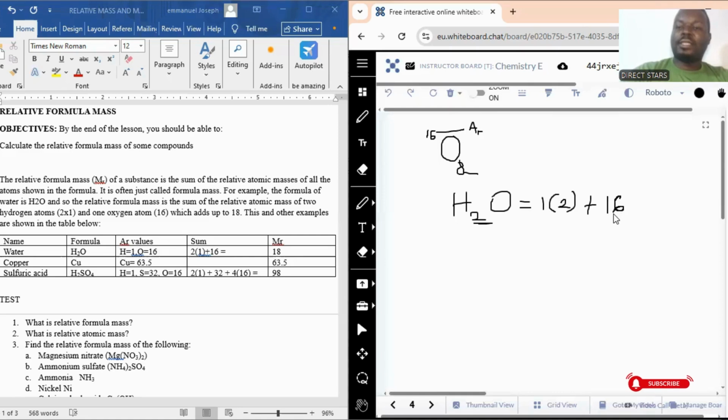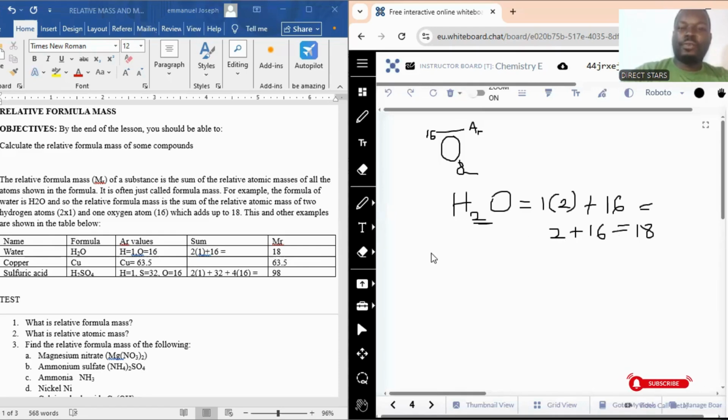So we write 16, and it's just 1 oxygen we have, so there's no need indicating any brackets here, because 1 times any number remains the same. We'll resolve this mathematically. 2 times 1 will give us 2, plus 16, and that will give us 18. So the formula mass of water is actually 18.